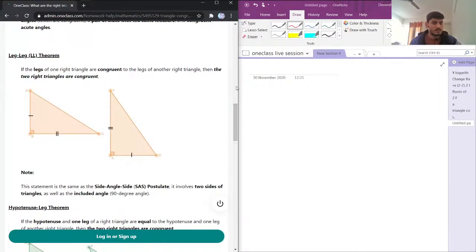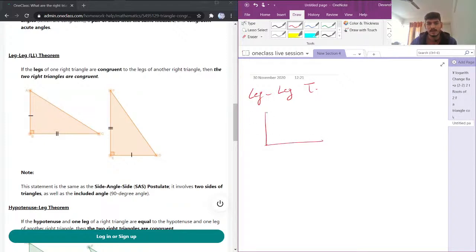Now, another one is the side angle side postulate. The third one is the leg theorem. In this, if we have a right angle triangle, and one more right angle triangle, this is 90, this is 90, this one equals this one, and these are equal.